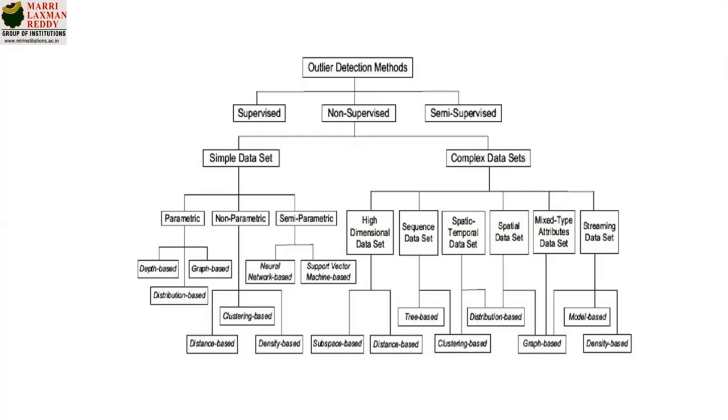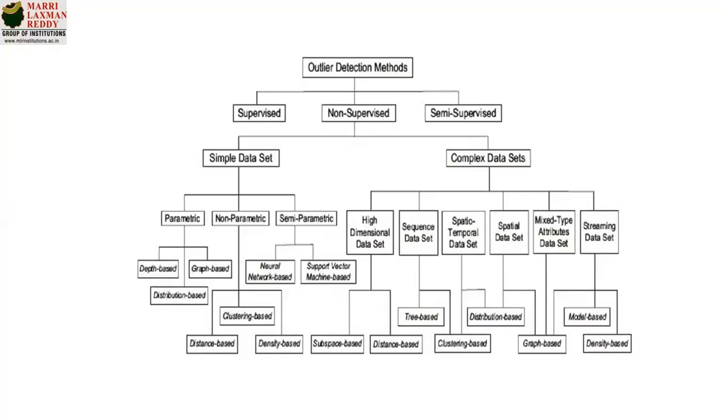For simple methods, you have three types: parametric, non-parametric, and semi-parametric. And for complex data types, you have six different types of divisions according to the data we are going to take. For example, a high dimensional data set is something like geographical data or satellite image data. These all belong to high dimensional data sets, where we have a lot of data points which are not useful.